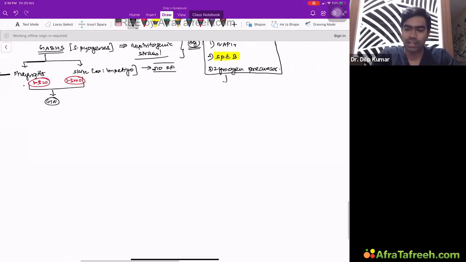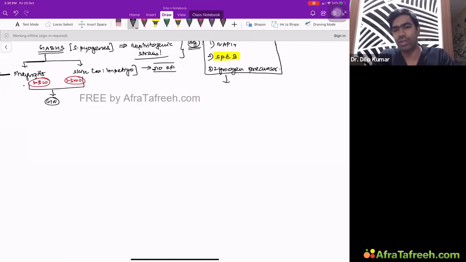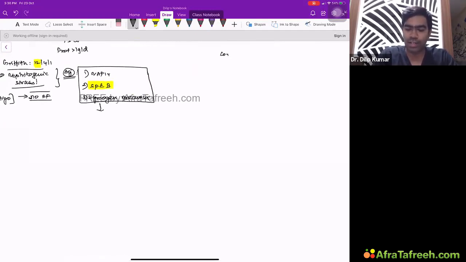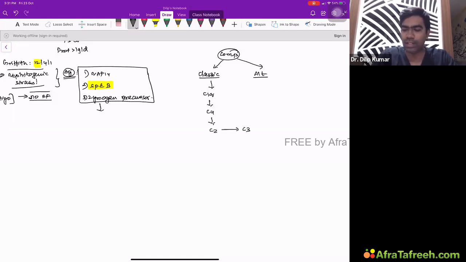So these antigens are basically going to activate the complement, because we know there are two types of complement pathway. We have the classic complement pathway and the alternate complement pathway. To write complement in a nutshell, the classic pathway starts from C1q, then C4, which activates C2, which activates C3 subsequently.